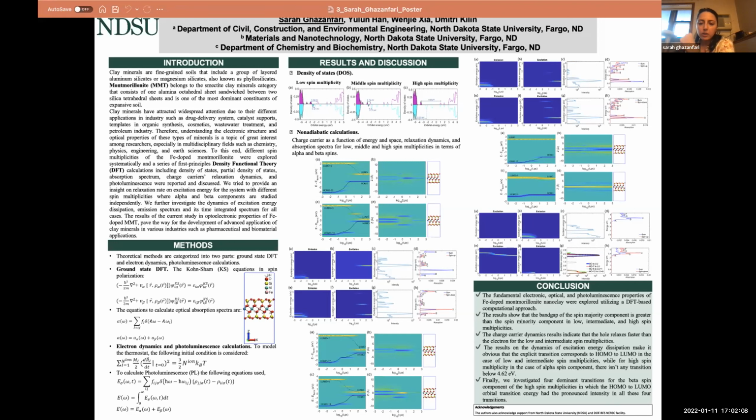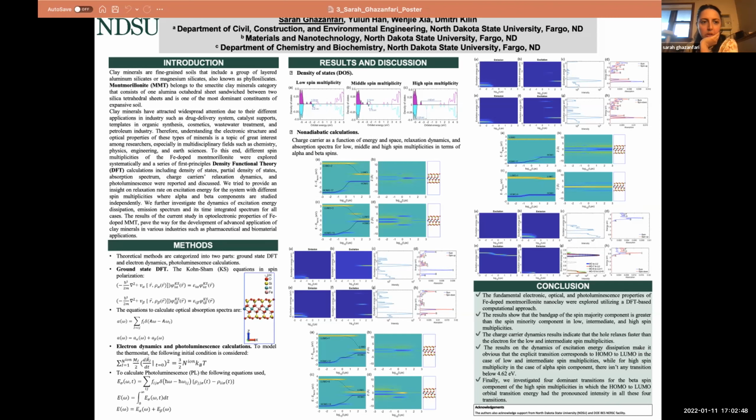And finally, we investigated the dominant transition for the beta component, for the highest spin multiplicity, where we can see the HOMO to LUMO again has the highest orbital transition energy in all these four transitions, actually.